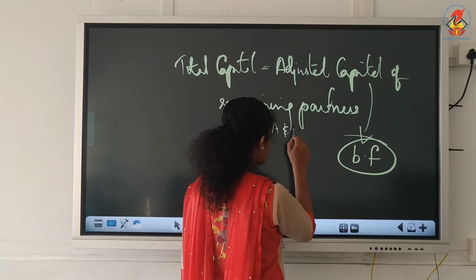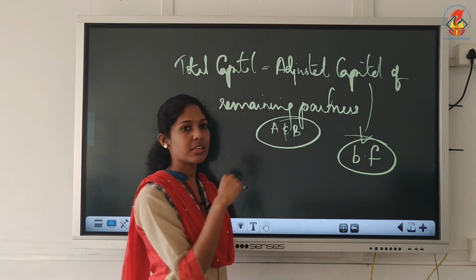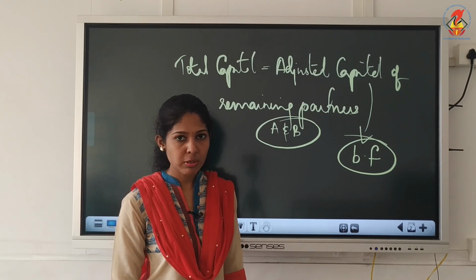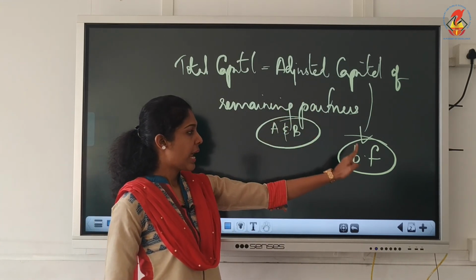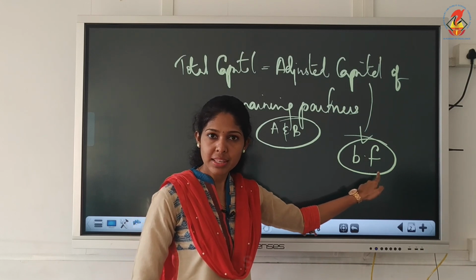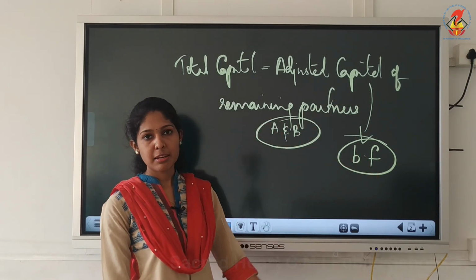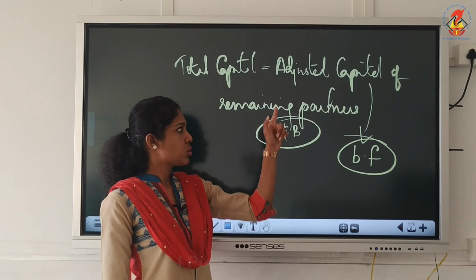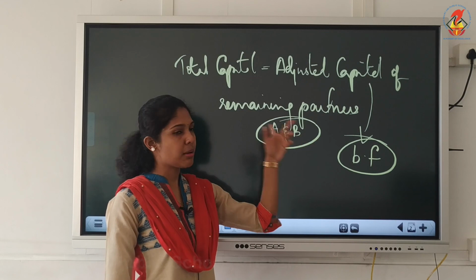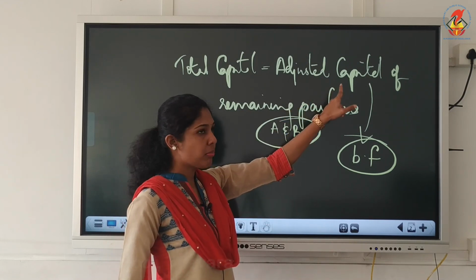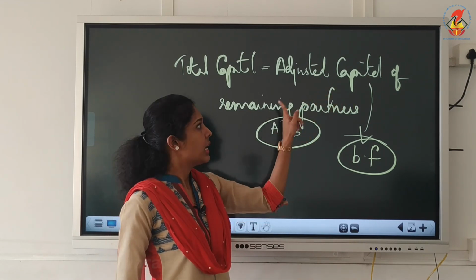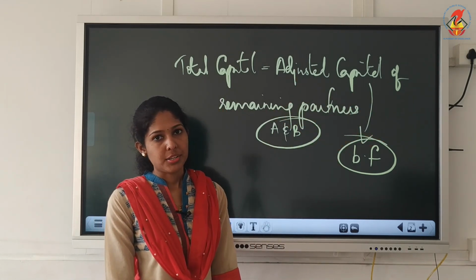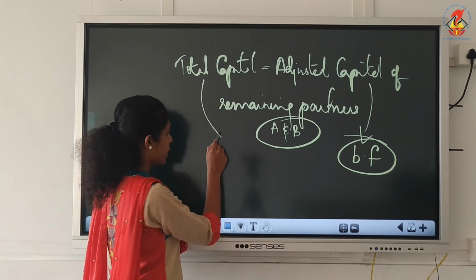If A and B are the remaining partners, suppose C is the person who retired from the firm and A and B are the remaining or continuing partners. So you will have to do adjusted capital, which means the balancing figures of A's and B's column you have to compute and add these two. Understood? So that is the adjusted capital, or it is the balancing figure of, but when you write the formula, don't write balancing figure of the partners, you must write it as adjusted capital of remaining partners. Okay, so that is how we are getting the total capital.